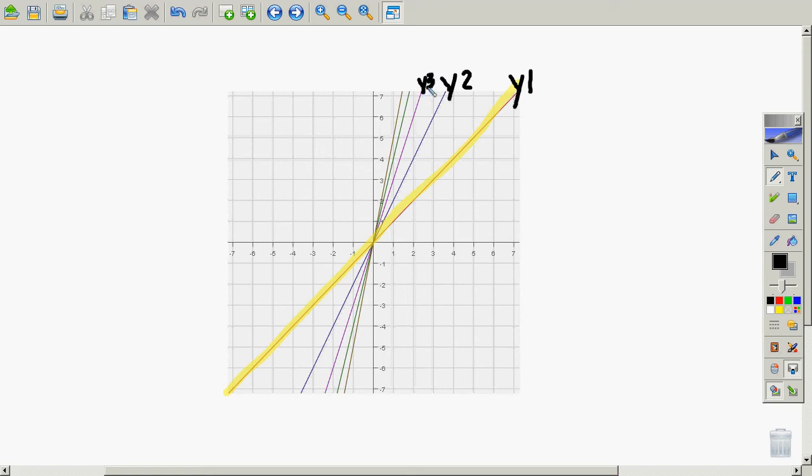And then we also have y4, which is right here, and y5. Can you go ahead and copy those down on your paper? And you'll see that as we made the A get bigger, it appears that the linear is getting steeper and steeper. It appears like it's stretching taller. Okay? So make sure you've got that copied on your paper.